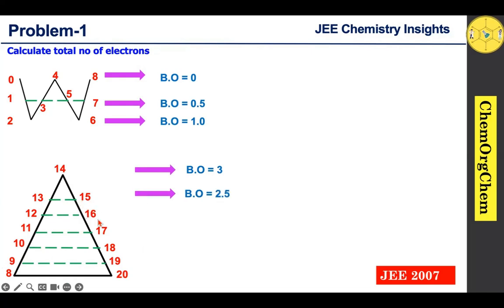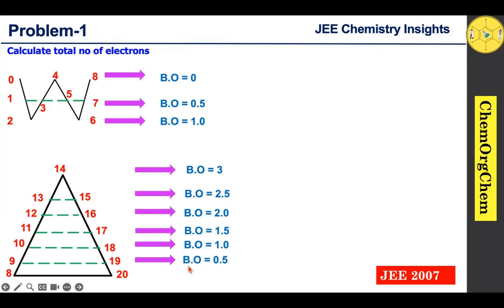Similarly, 12 or 16, bond order 2.0; 11 or 17, bond order 1.5; 10 or 18, bond order 1.0; 9 or 19, bond order 0.5; 8 or 20, bond order 0. So each level decreases by 0.5 from 3, finally reaching 0 bond order at 8.